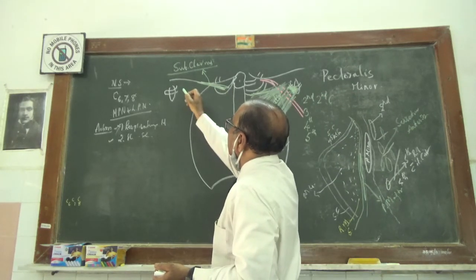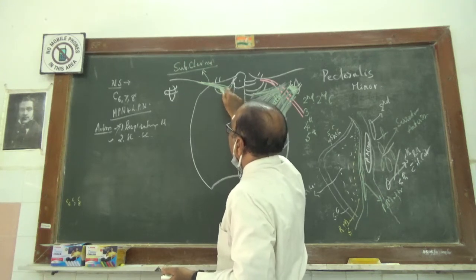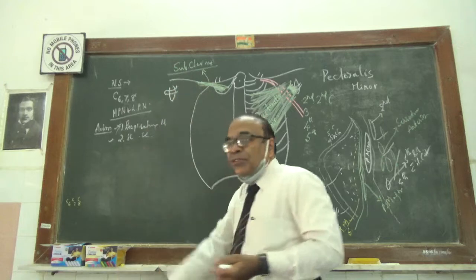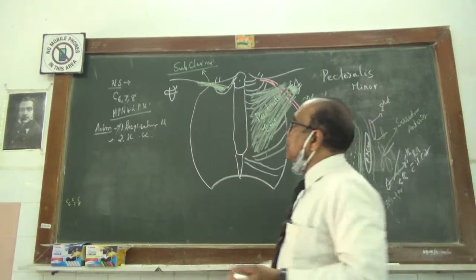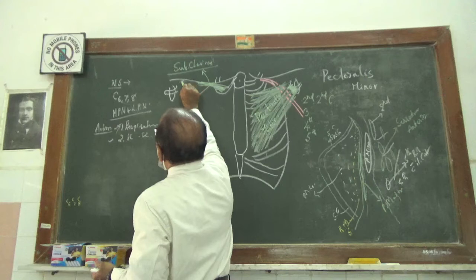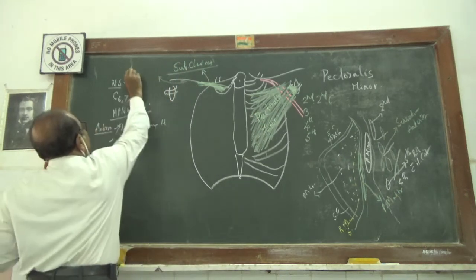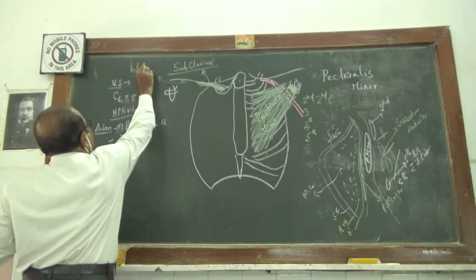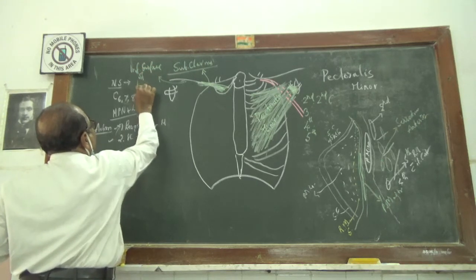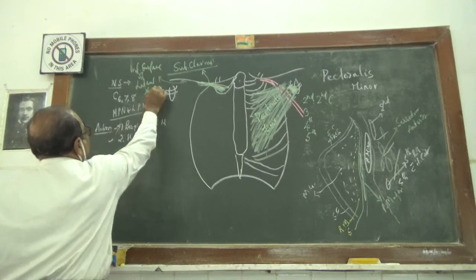triangular muscle which runs from the superior surface of the first rib and runs upwards and laterally to get inserted on the inferior surface of the lateral one third of the clavicle.